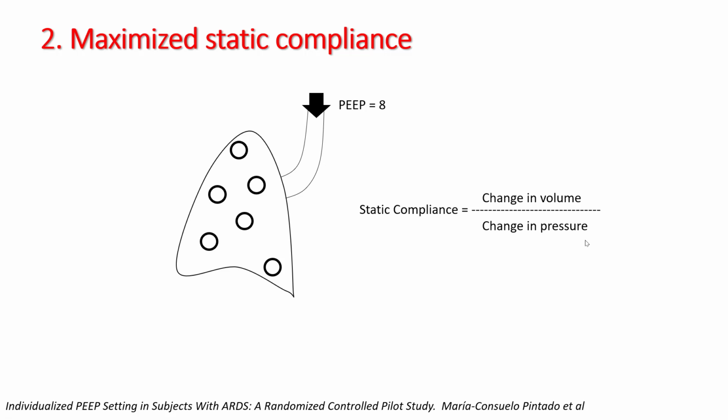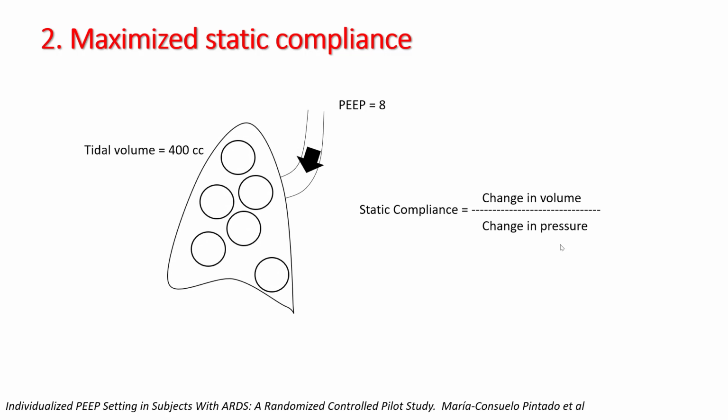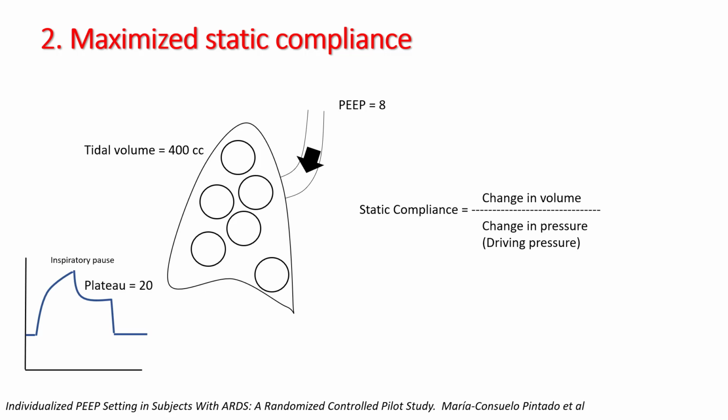The first method of calculating optimal PEEP is to maximize static compliance. The compliance, as you remember, is how much volume changes with change in pressure. So in volume assist control, if you're giving somebody a tidal volume of 400 cc's, you can figure out driving pressure by measuring the plateau pressure and subtracting PEEP from it.